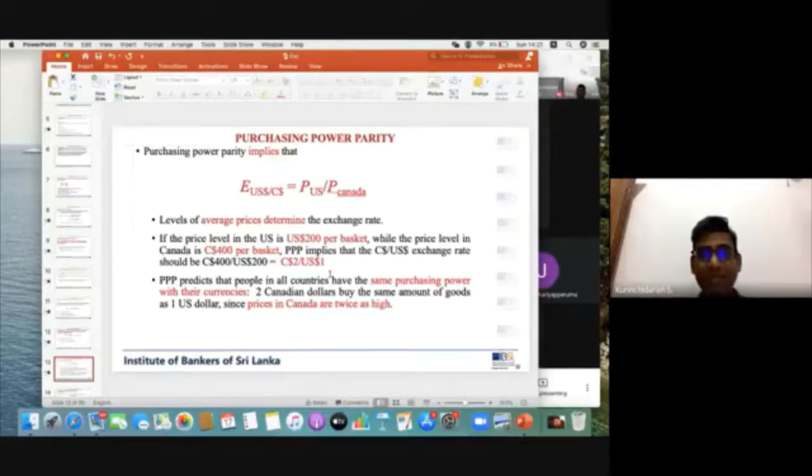That is the law of one price. So 2 Canadian dollars buy the same amount of goods as 1 USD, since prices in Canada are twice as high, right? So this is based on the law of one price argument or theory. The purchasing power parity is established. Is that okay?